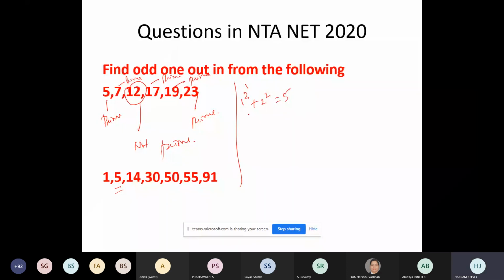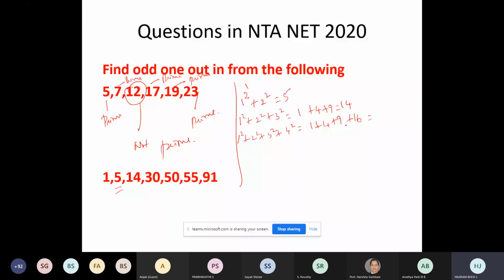Then the third element is 1 square plus 2 square plus 3 square, so 1 plus 4 plus 9, it is 14. Then 1 square plus 2 square plus 3 square plus 4 square, so 1 plus 4 plus 9 plus 16. So this is 30.